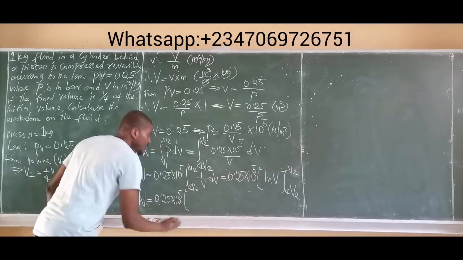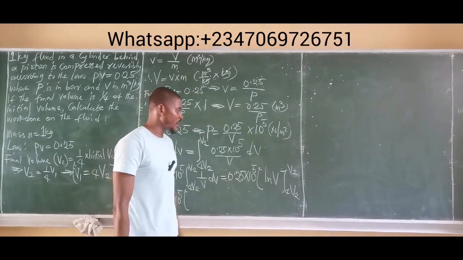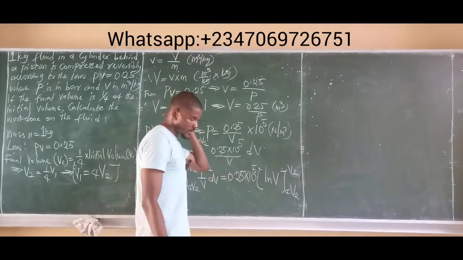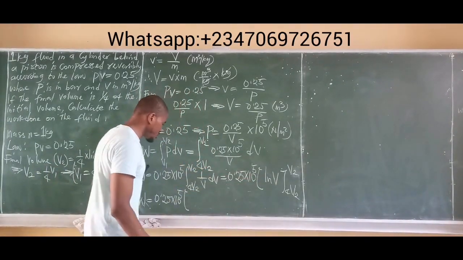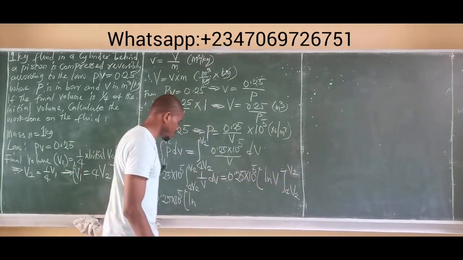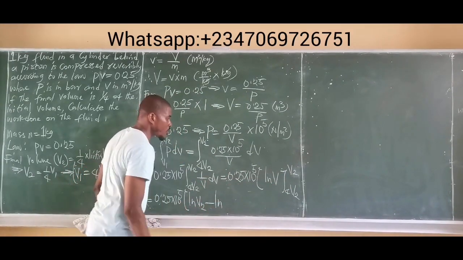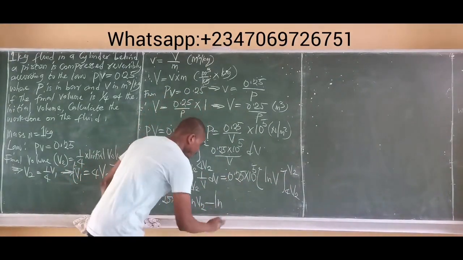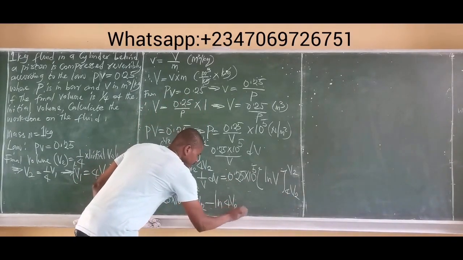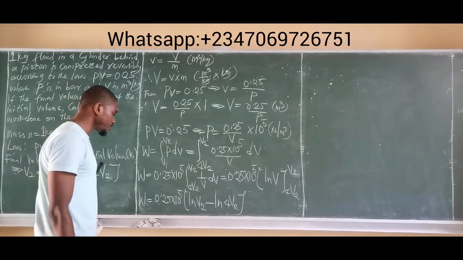Okay, so now we can take our limits. Remember, put the upper limit minus the lower limit in place of V in the natural logarithm. So this becomes ln V2 minus ln 4V2.